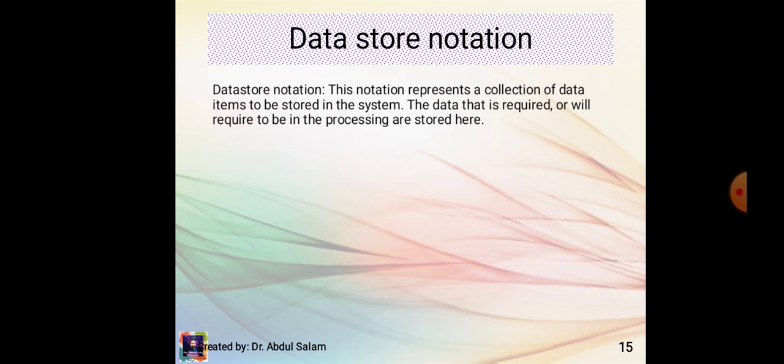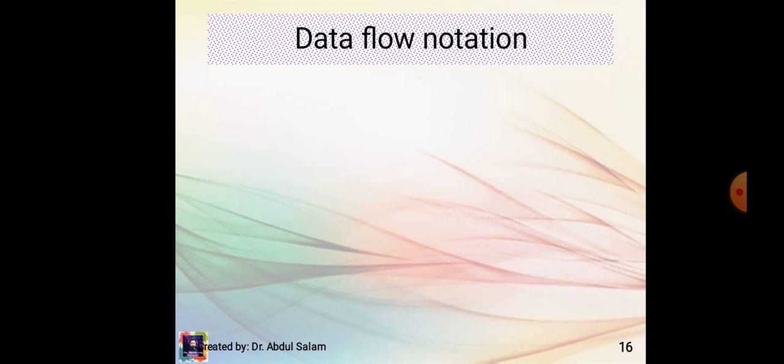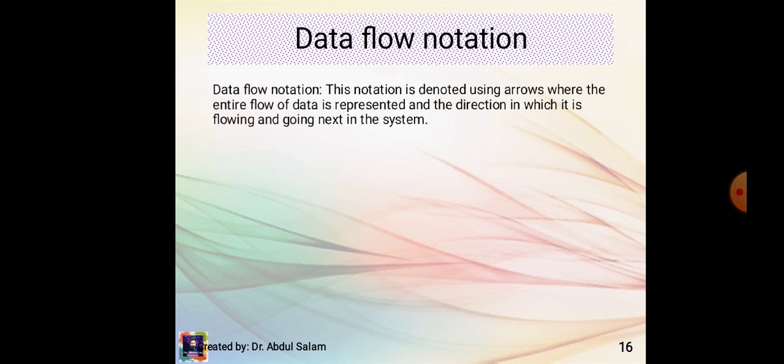The data that is required or will be required in the processing is stored here. Data flow notation. This notation is denoted using arrows where the entire flow of data is represented, and the direction in which it is flowing and going next in the system.